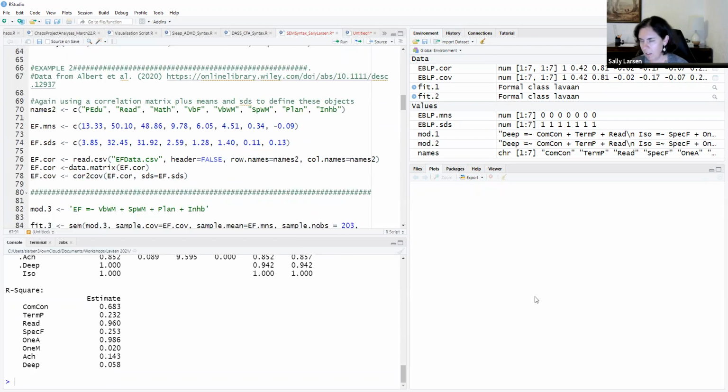I can see someone in the chat asking, what's considered a big sample? Sample size in structural equation modeling is a challenging topic. I don't know that I would believe a model with any less than 200 observations, so 200 participants in your study.